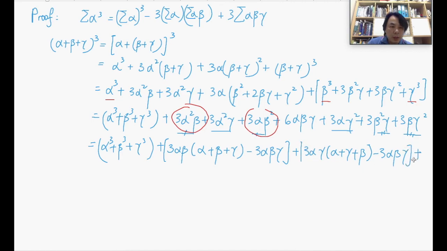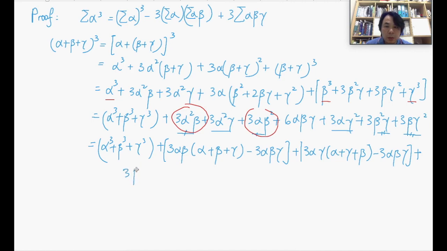And then lastly, I'm going to repeat the same for the last one here, which is 3 alpha gamma. Oh, sorry, I took the wrong term. I should have taken the last one, beta.